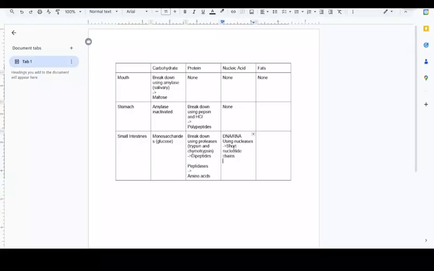And then we're going to use something called nucleosidases, which break down into nucleotides, A, T, C, G, U.